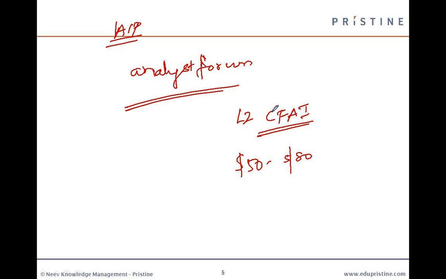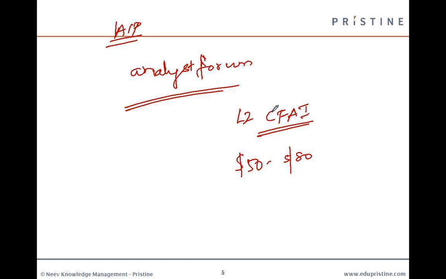So Abhinav has a question. In terms of difficulty, is Level 2 more difficult than L1? Yes and no. Yes, because the difficulty level is higher primarily because of the volume of topics that you deal with.